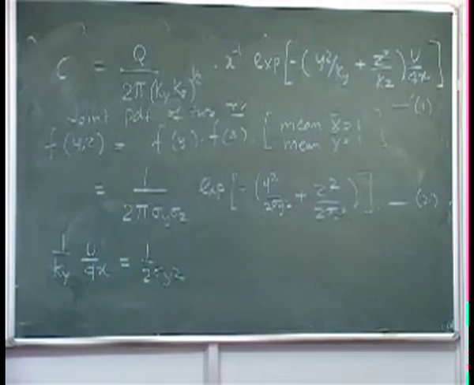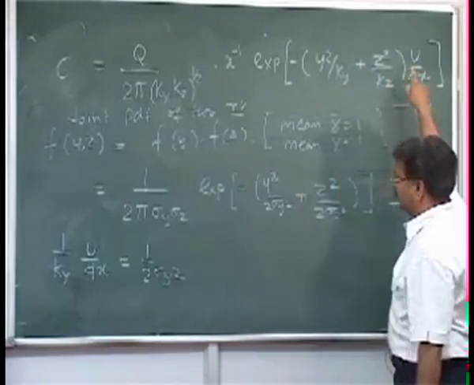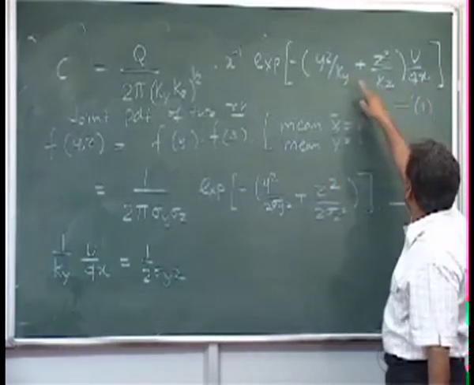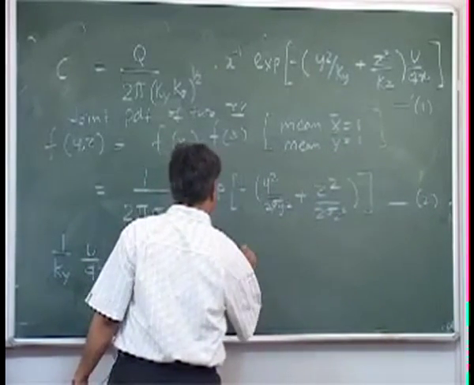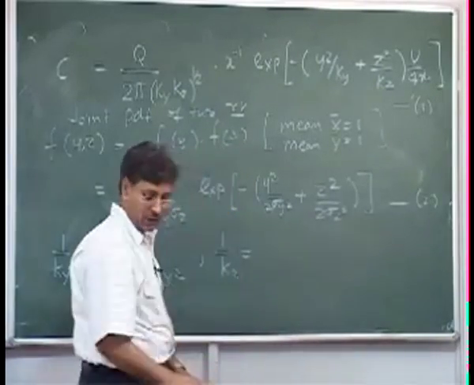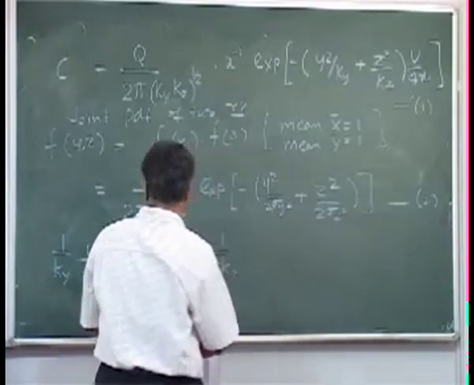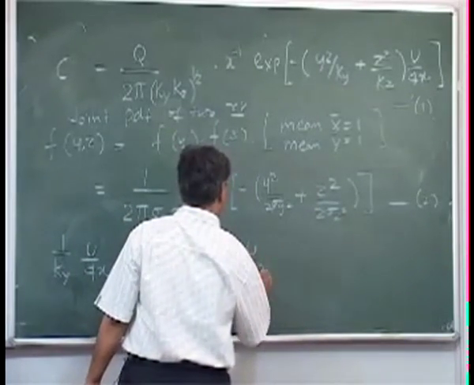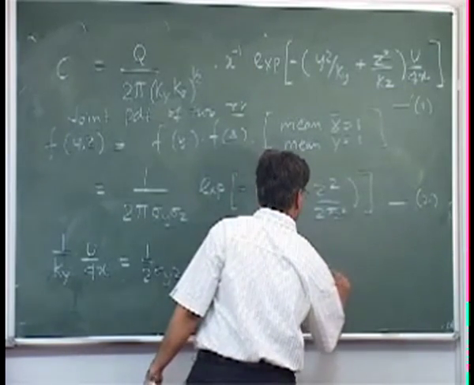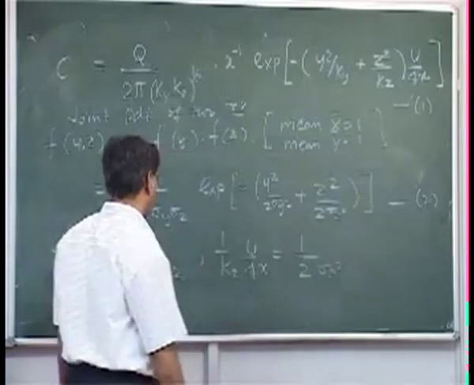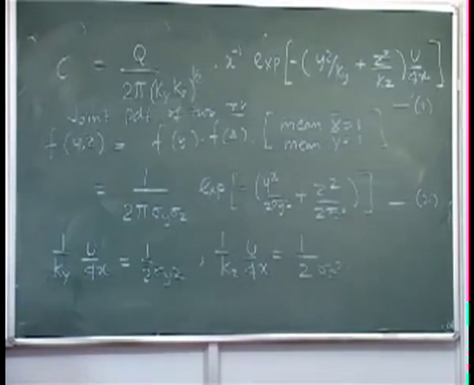So I can do that. In place of this, similarly if you agree with me, I can say 1 upon kz times u by 4x equals to sigma z square.